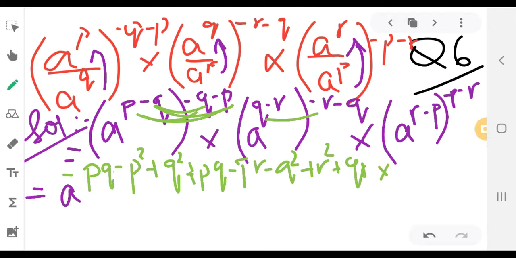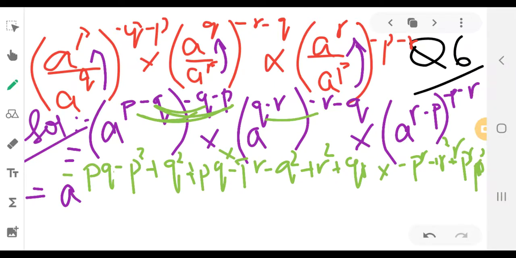Similarly, minus pr, plus r square, plus p square, and minus rp.